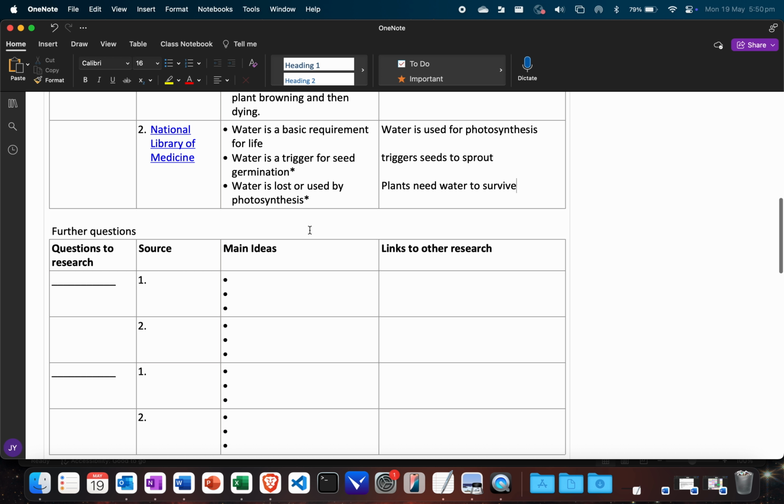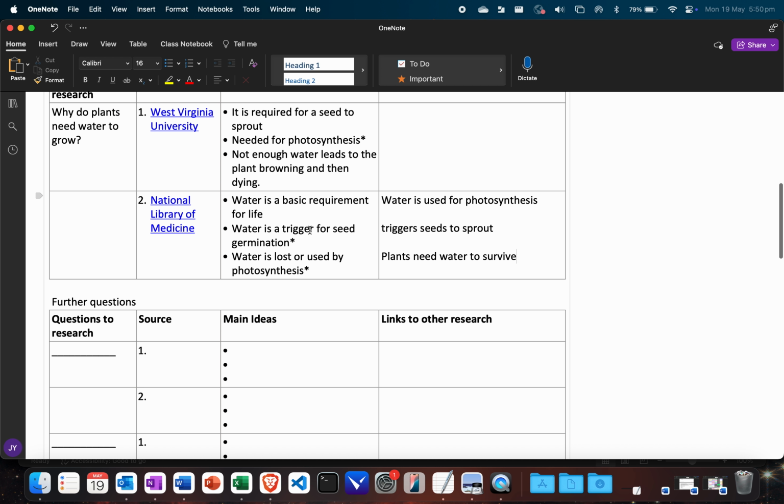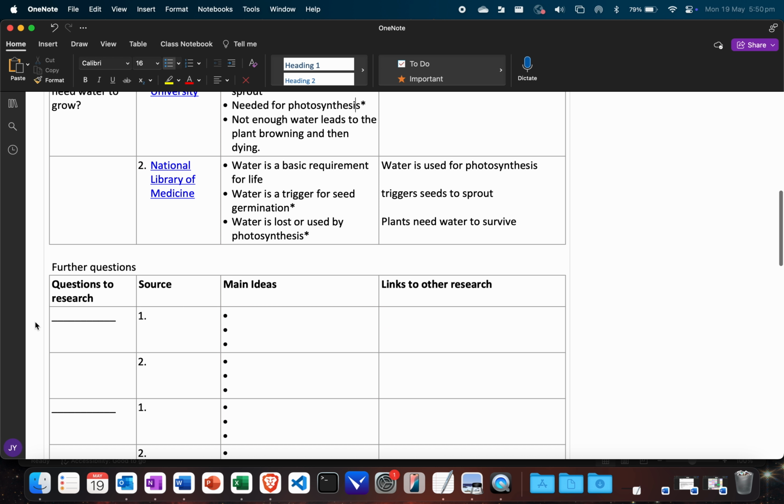Now, as I was going through that research, I kind of had some questions as I went. So, for example, it's needed for photosynthesis, but what is photosynthesis? Well, maybe I'm not too sure what that is. So I'm going to actually include that as a question that I could research. Okay, so what is photosynthesis?